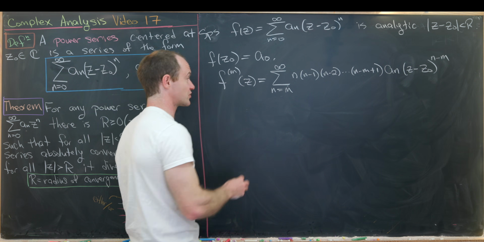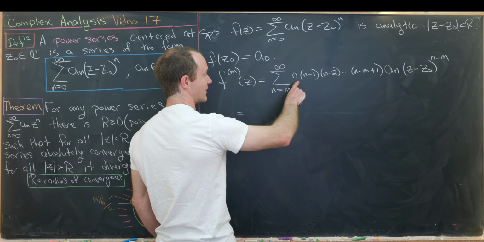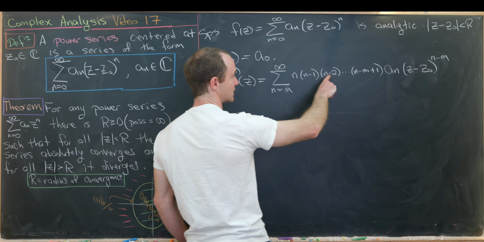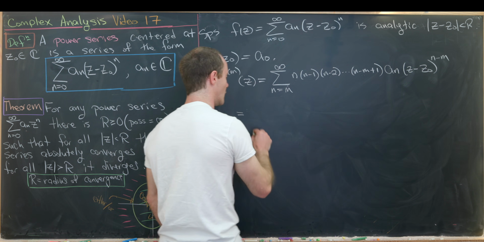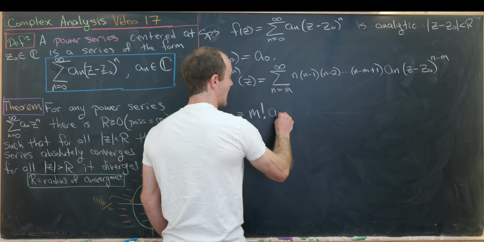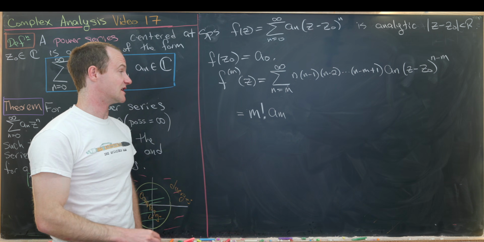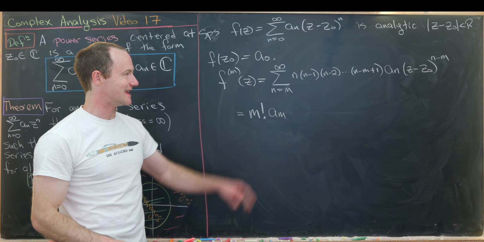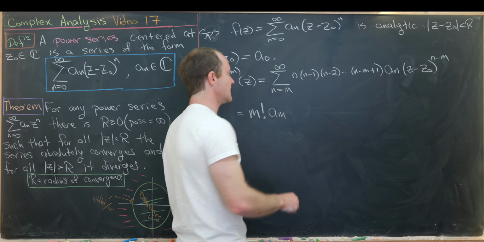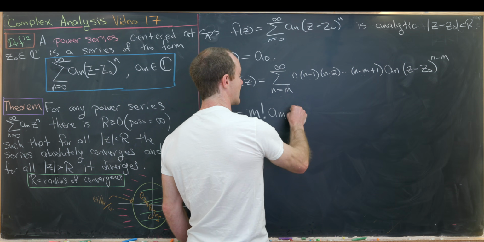Next up, we'll extract the mth term, but notice the mth term will have a product m times m minus 1 times m minus 2 all the way down to 1. That's also known as m factorial. And then we'll have a sub m, (z minus z naught) to the m minus m, but that's just the number 1. Okay, so that is the n equals m term. But then let's see what we get for the n equals m plus 1 and higher terms.